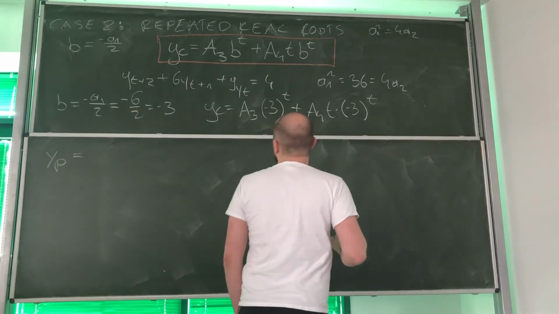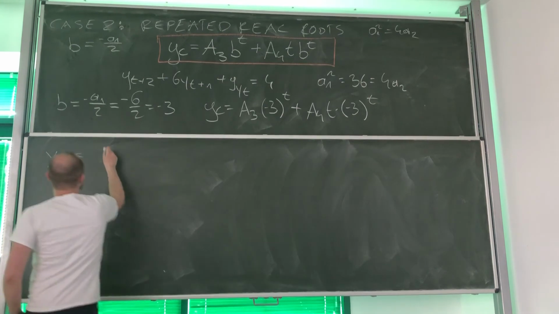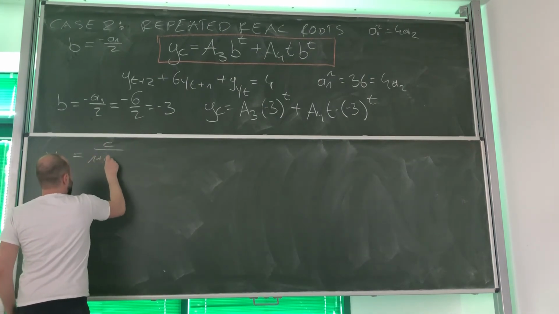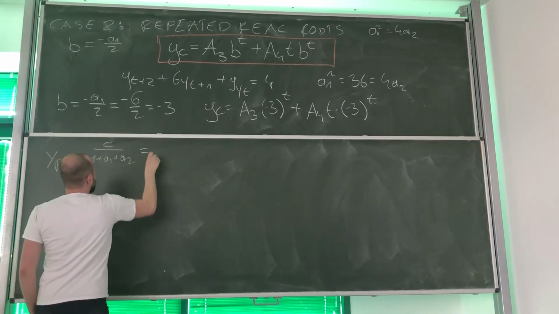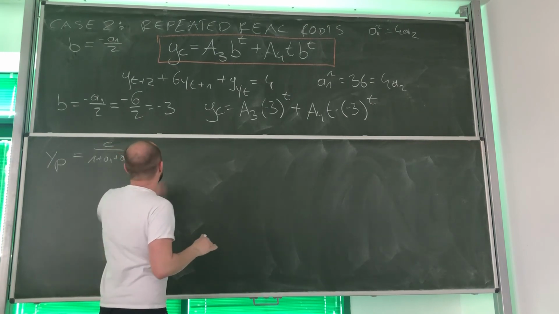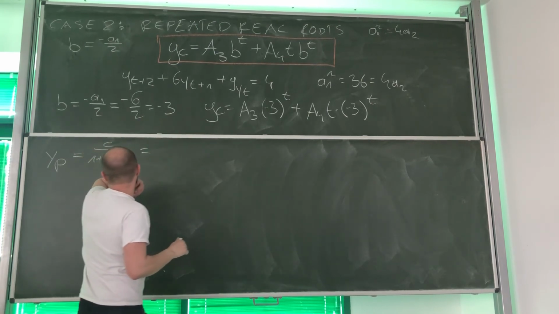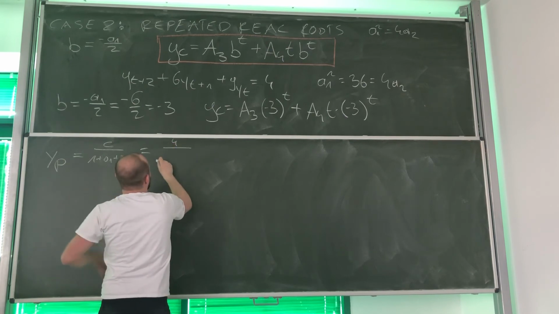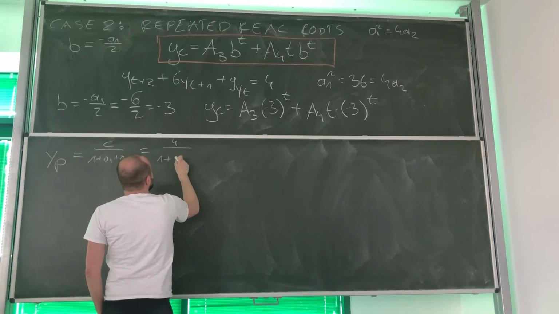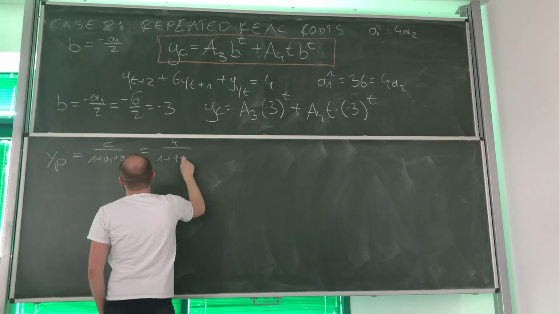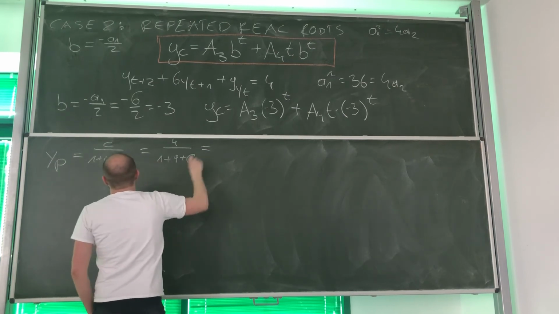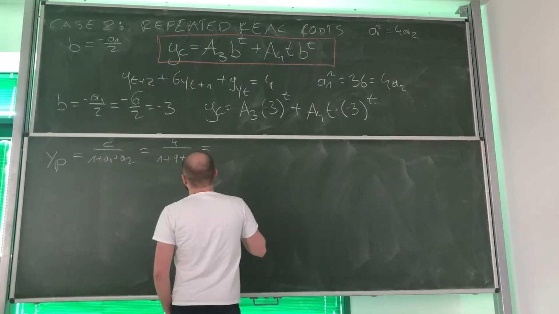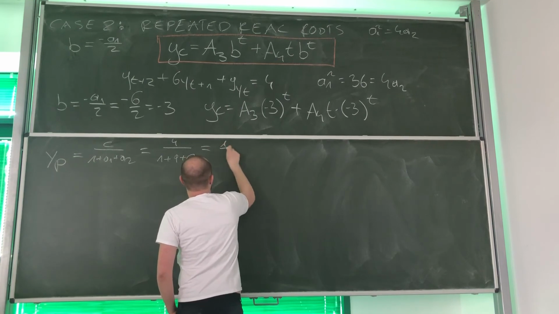In this case, we just use regular formula, because we see that this is going to be a constant solution, so this is 4 divided by 1 plus 9 plus 6, which is giving us 1 over 4.